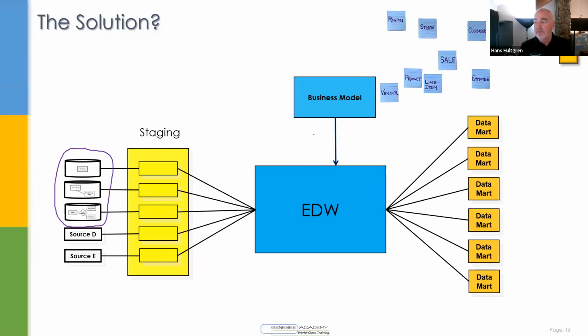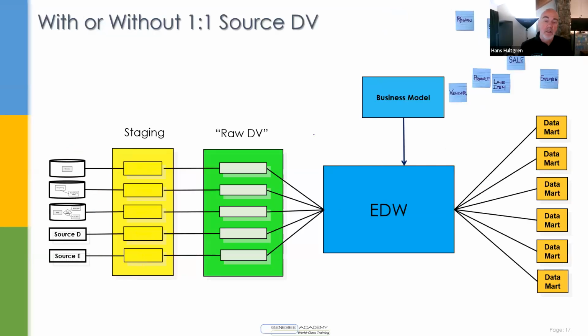Now, interestingly enough, if you look at this picture, if you also want to do a one-for-one vaulted persisted layer, sure. But remember, it still didn't solve the problem of having that enterprise model view. So in that case, it's an additional layer, which of course is fine if that's what you want to do. But we still have to address the business integration layer.